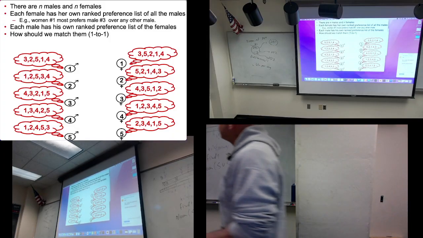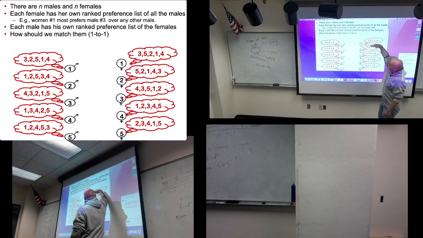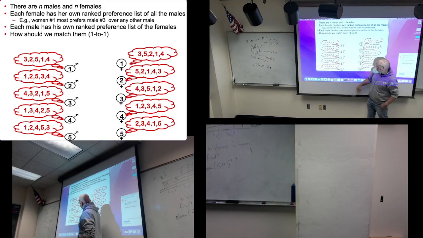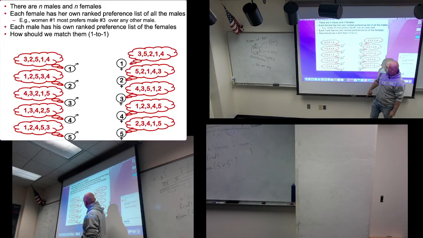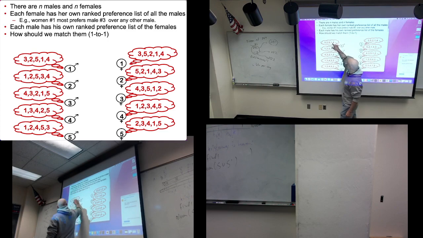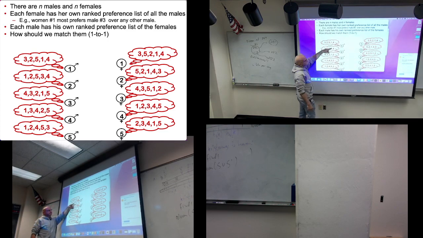So what's the input? We have a set of n females named 1 all the way to n, a set of n males named 1 all the way to n, and each one ranks the opposite gender. That is, male 1 says, I really want to marry female 3.